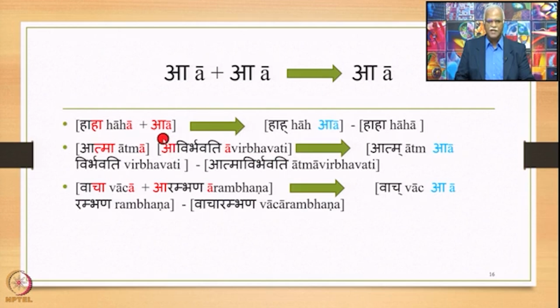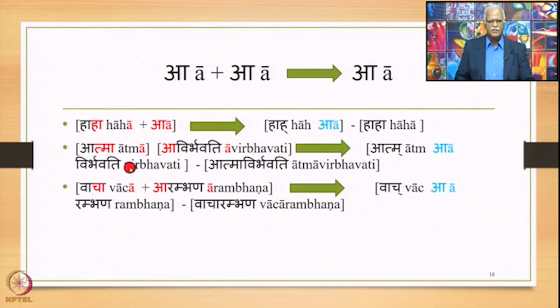So we have Haha plus A, so now we have A plus A. 6.1.101 will apply and substitute in place of both of them the long variety, that is long A. So we have Ha and A, one substitute in place of two, and then we join them together and get Ha Ha. This is the instrumental singular of Ha Ha. So this example shows the sandhi happening within a pada.